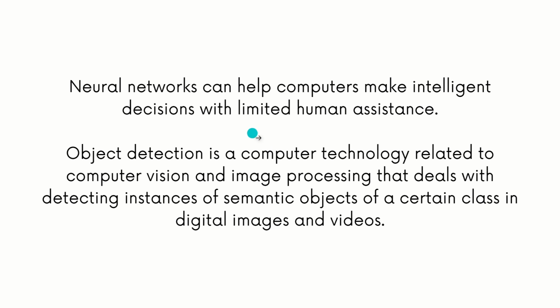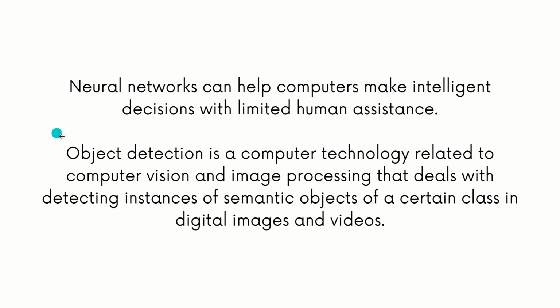Neural networks can help computers make intelligent decisions with limited human assistance. And object detection is a computer technology related to computer vision and image processing that deals with detecting instances of objects. So basically, when a computer is detecting objects from a video or from a photo, that is what object detection means.